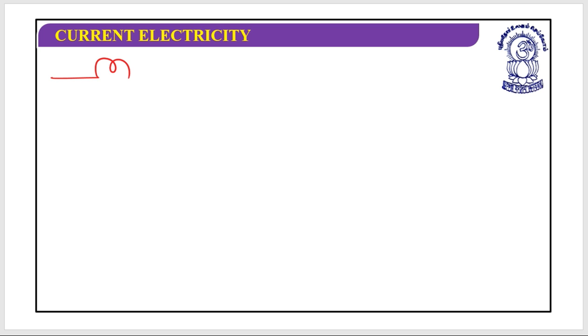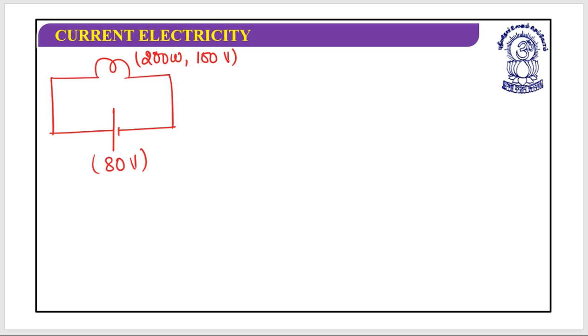Suppose a bulb is given and it has been attached to a certain circuit. The rating of this is, let's say, 200 watt, and this is of 100 volt, and this has been connected with, let's suppose, 80 volt.